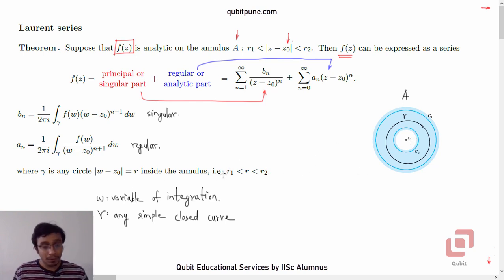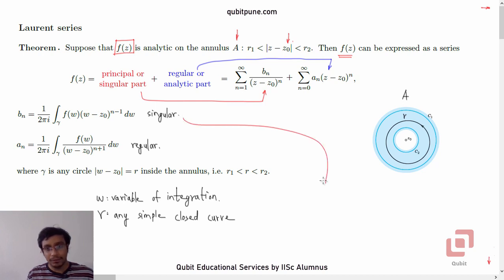Now what I want you to notice is the principal part's coefficient when n is equal to 1. That means the coefficient of 1 upon z minus z naught.